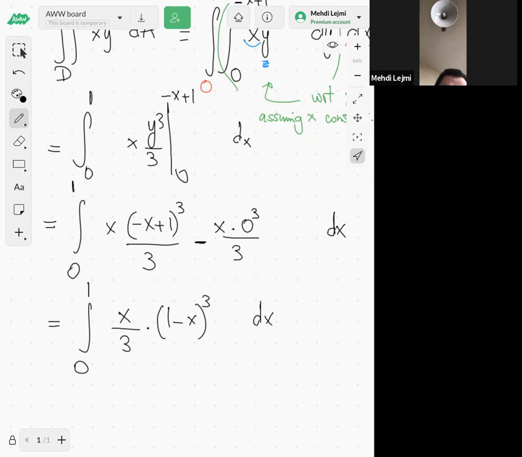All right. So we have to integrate with respect to x now. There are different ways. You can distribute, or you can use integration by parts, it's up to you. It's going to take a lot of time to complete this, so I'm just going to leave this.